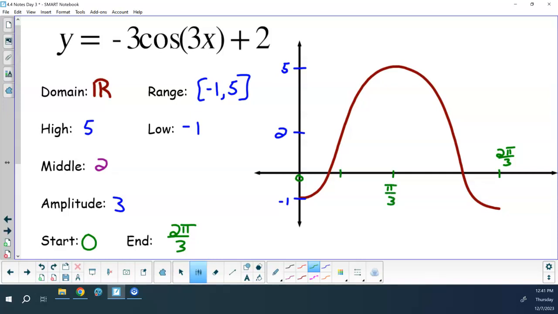Halfway of the first half then, pi over 6. Halfway of the second, pi over 2, because 2 pi over 3 plus pi over 3 is 3 pi over 3, which is 1 pi, divided by 2 is pi over 2. Okay?